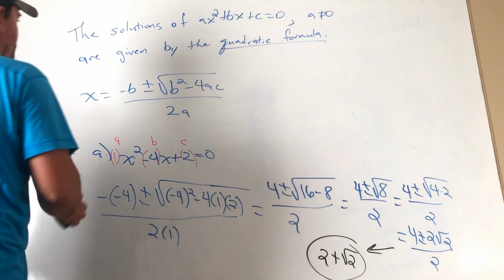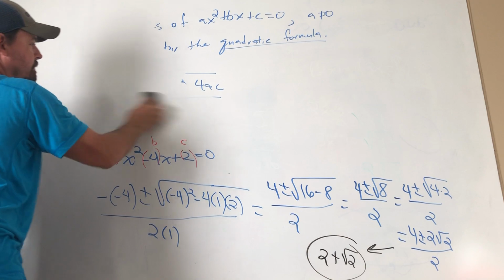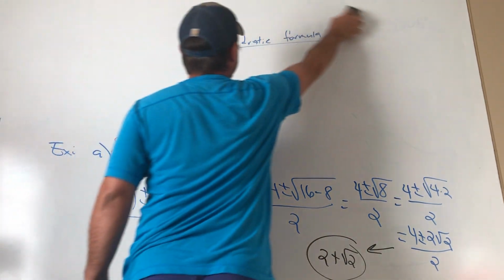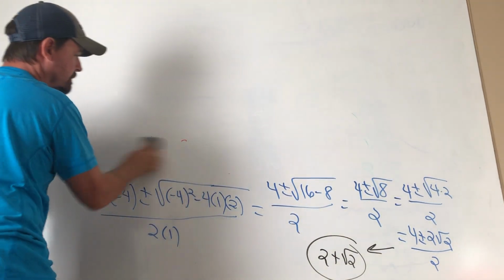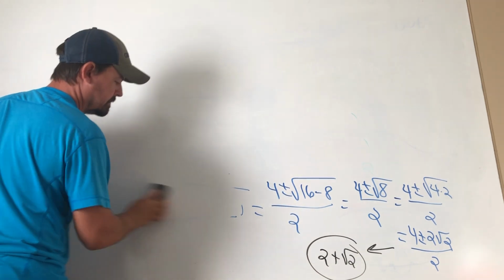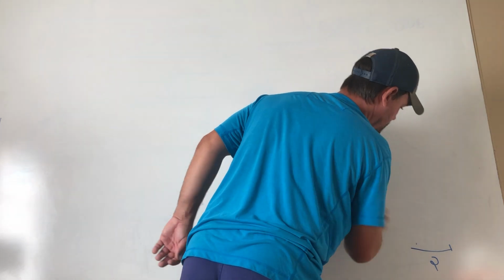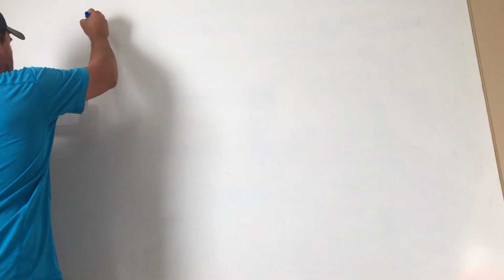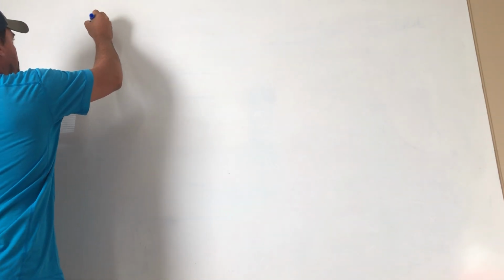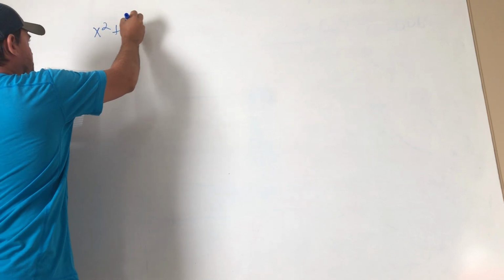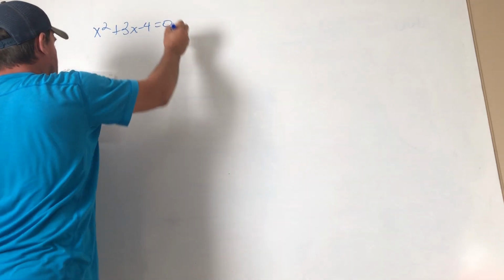I'm going to erase. If you need to pause to catch up, please pause to catch up. All right, next example: x squared plus 3x minus 4 equals 0.